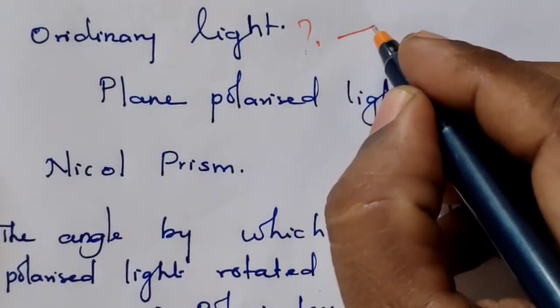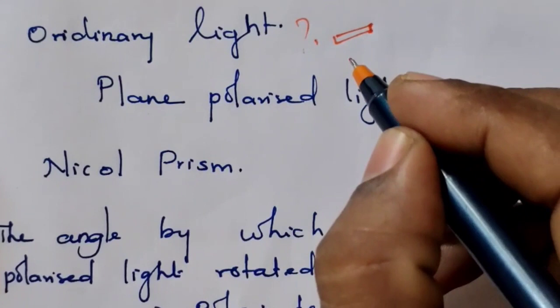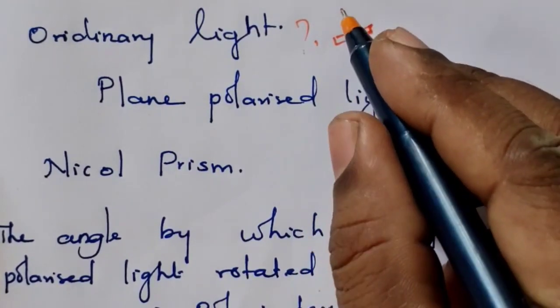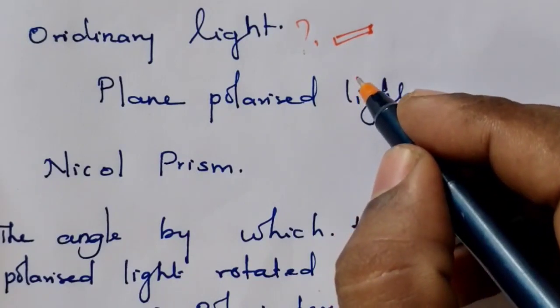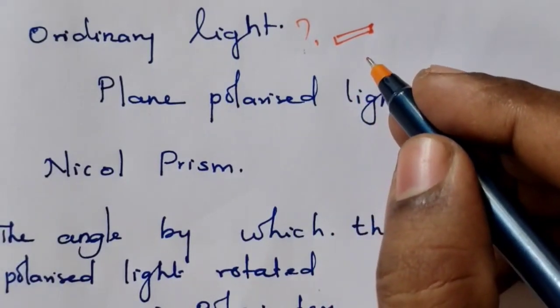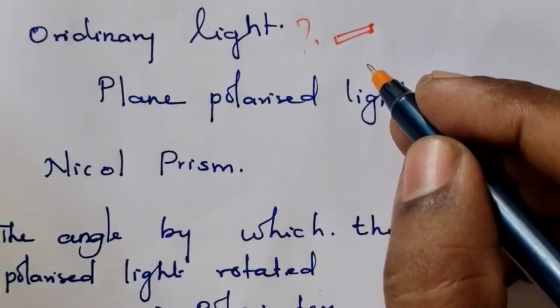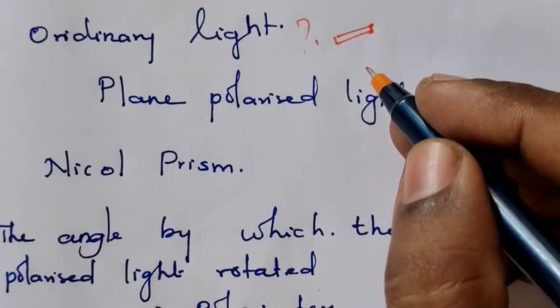For example, if we consider this as a light source, how many planes are surrounding? This side one plane, that side one plane. In all possible directions it has planes, and all these planes are imaginary planes.